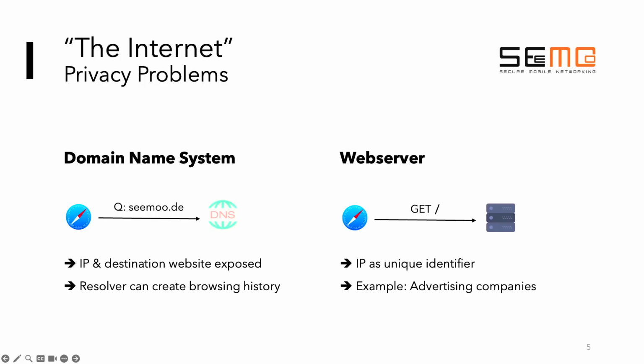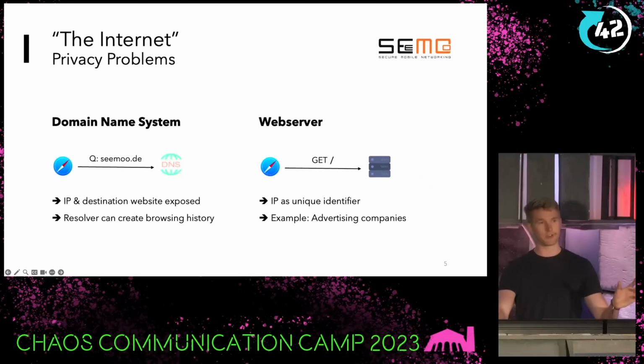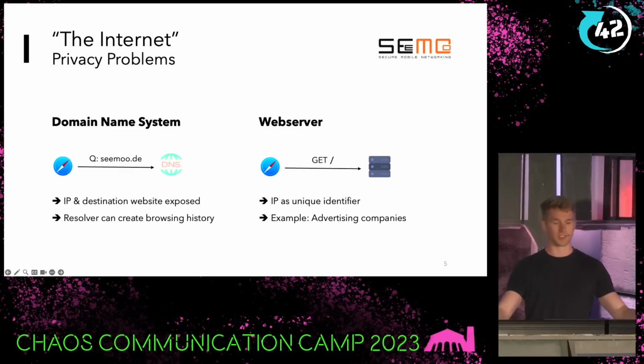However, there are privacy problems in both of these steps. First, regarding DNS, you expose your IP address to the DNS resolver together with the content of the DNS query, so the host name you are requesting. The DNS resolver can simply create a browsing history consisting of your IP address as an identifier for you, together with these host names as the websites you visited.